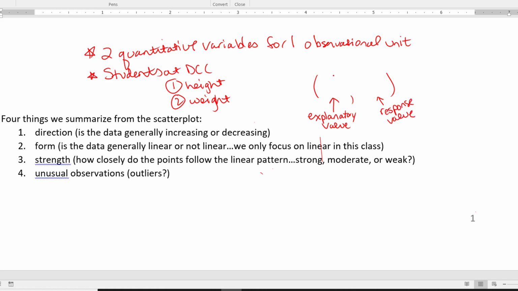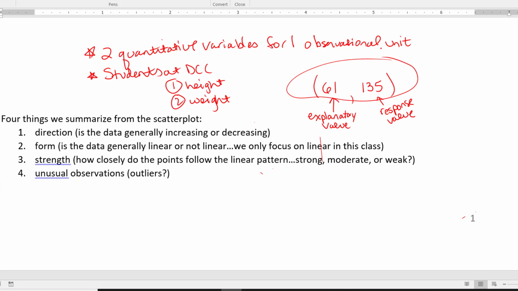So for example, I might have a student who is 61 inches tall and weighs 135 pounds. So the point related to that observational unit would be (61, 135). Okay, so after I've gathered a whole bunch of students, and for each student gathered two pieces of quantitative information, I would have a whole bunch of points.